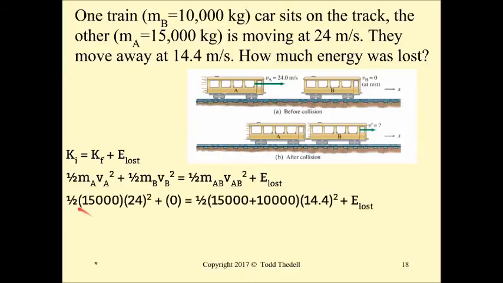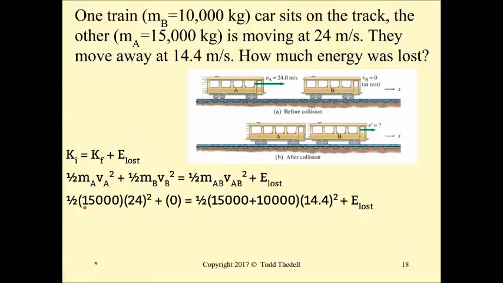I have to leave the 1/2s in this time because there's no 1/2 in that term. So 1/2 of 15,000 times 24 squared plus 0, because this is a 0 velocity. I don't even need to put this in, but I did to show you where it went. Plus 1/2 of the combined mass times 14.4, the velocity that they go off, and we square that.